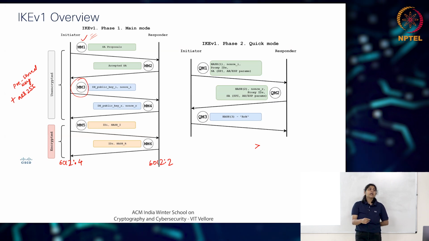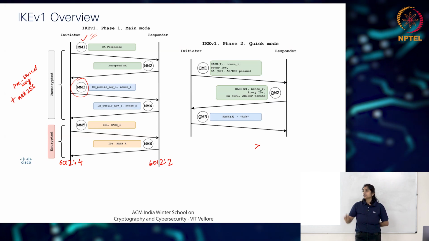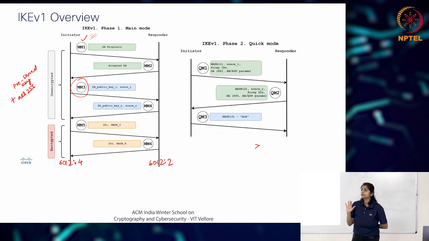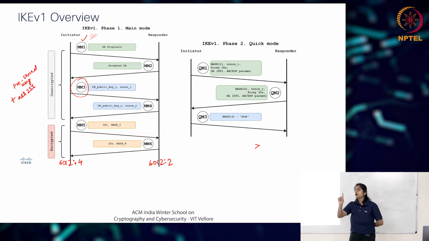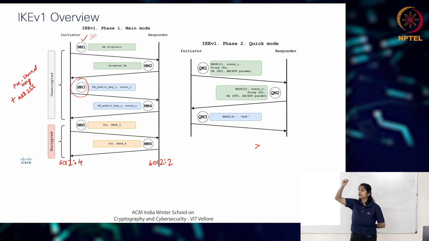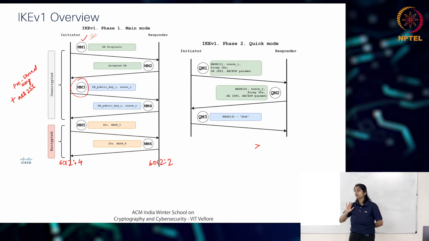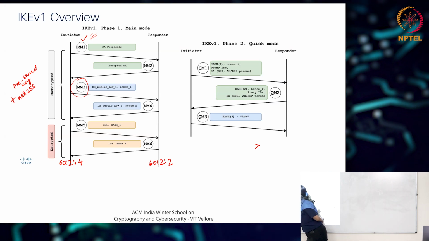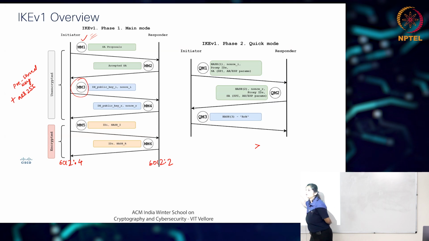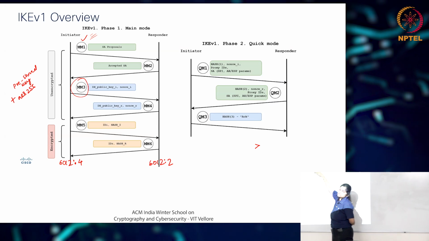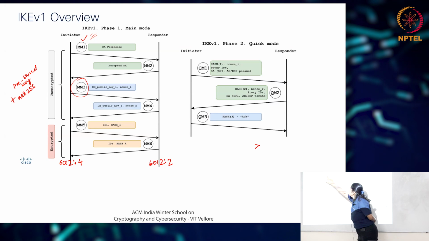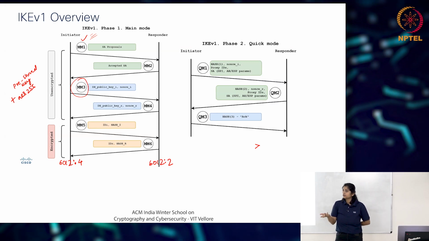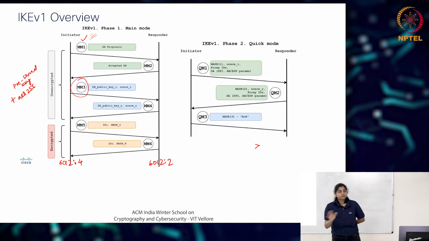Second proposal can say AES 128, SHA-2. And it can send all proposals that it has. Responder will choose the first matching proposal that it has in its configuration. So you have to configure here the pre-shared key before coming to this stage. This guy just initiates the communication using those proposals, right? Clear?